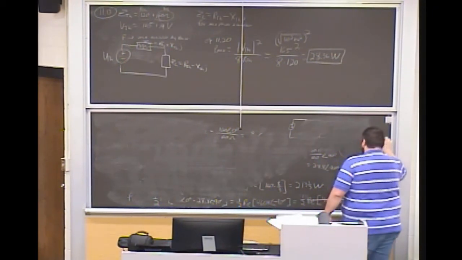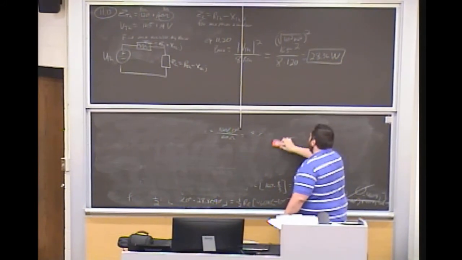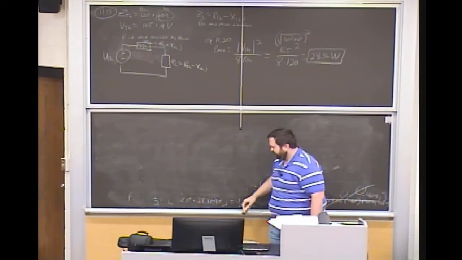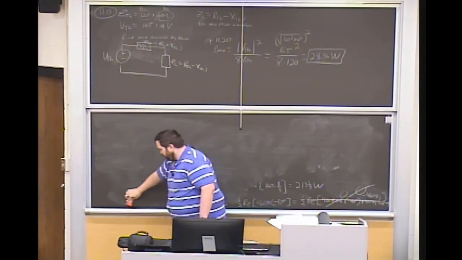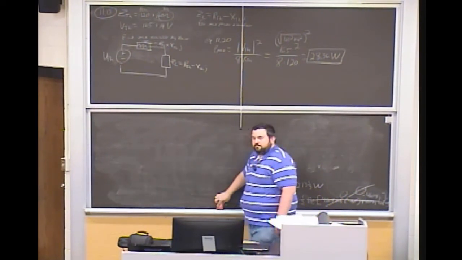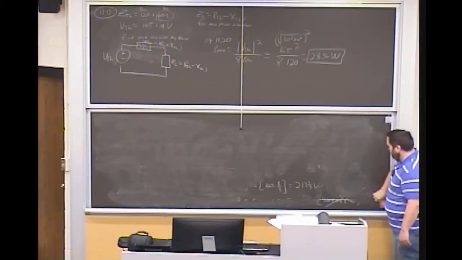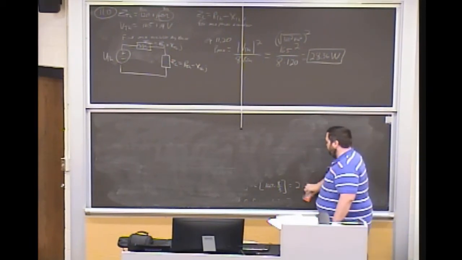Who can tell me what the purpose of RMS is? Why do we care about the root mean square? If I'm thinking about a VRMS, why would I ever want to compute that?